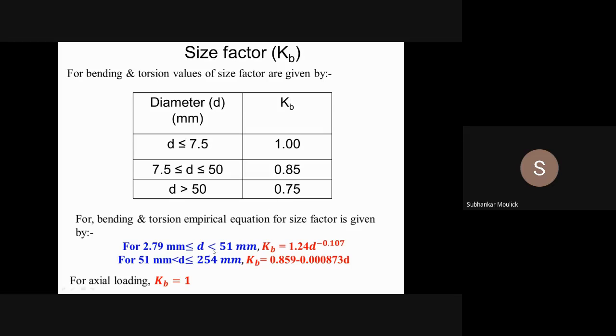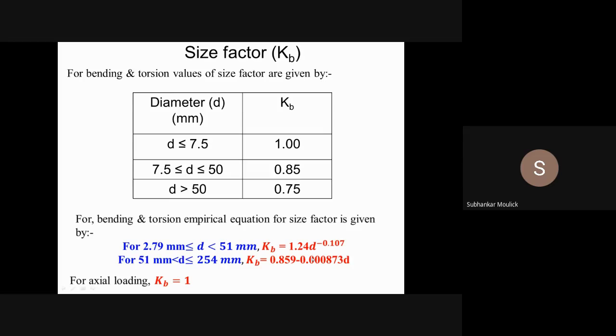In that case, you will use the second empirical equation: when the diameter of the shaft lies between 51 mm and 254 mm, the value of KB is given to be 0.859 minus 0.000873 times D. And what is D? D is the diameter of the shaft.